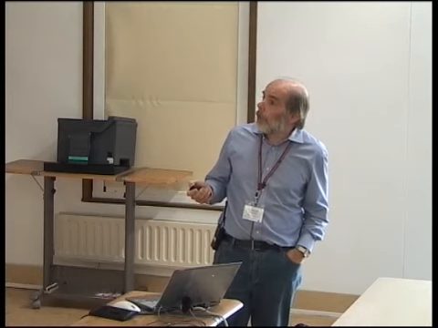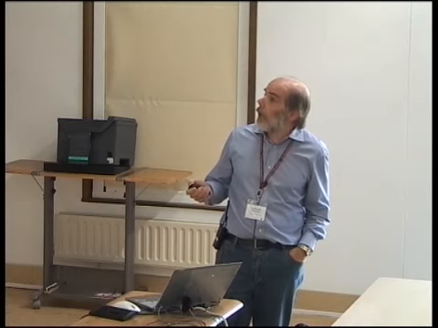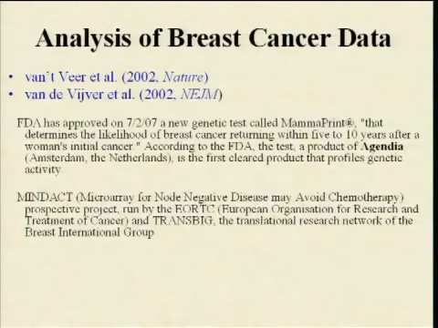Anyway, last year, on the 2nd of July, the FDA approved this kit that they sell, MammaPrint, the first cleared product that profiles genetic activity. So in a way, I suppose it's good that attention's been focused on the potential of these gene expression levels to help in the diagnosis of these diseases.